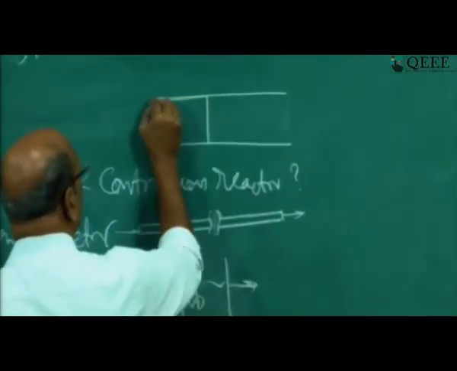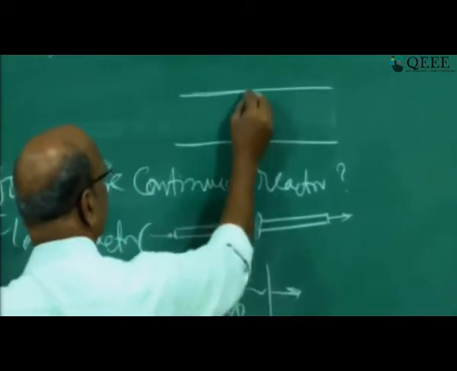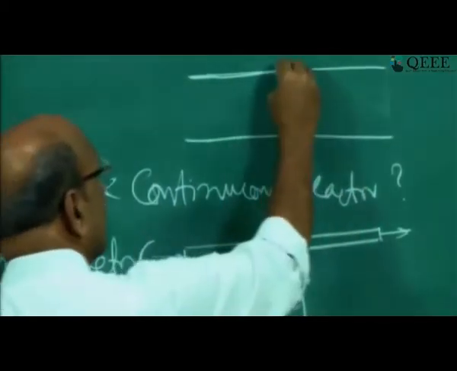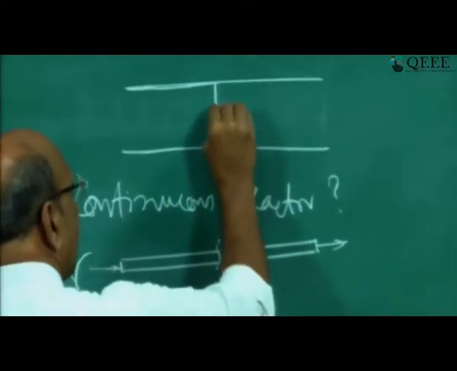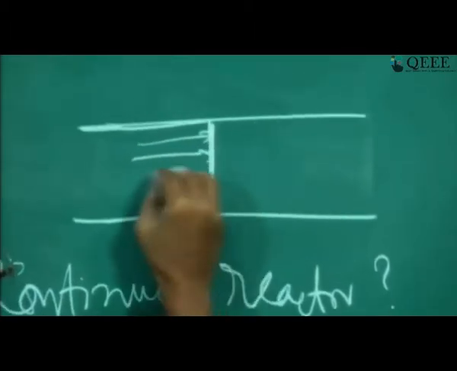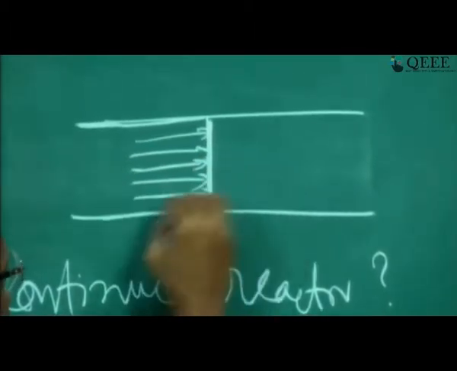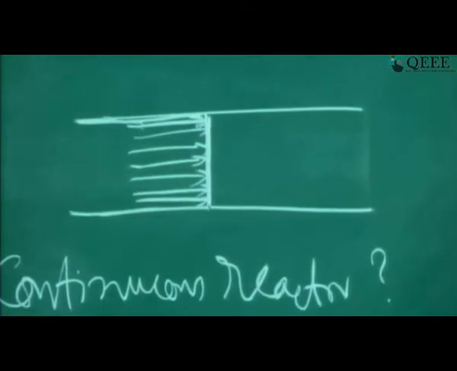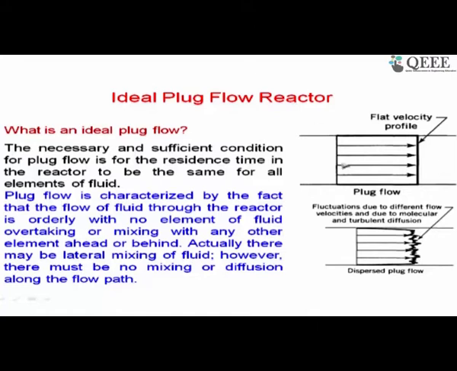This is the piston which is moving in the cylinder. So what we expect in a plug flow is this kind of velocity profile. This is the ideal plug flow definition. You can see this is the ideal plug flow profile.